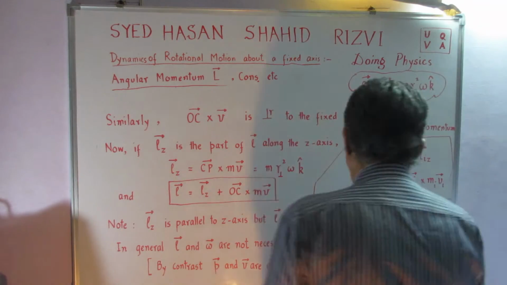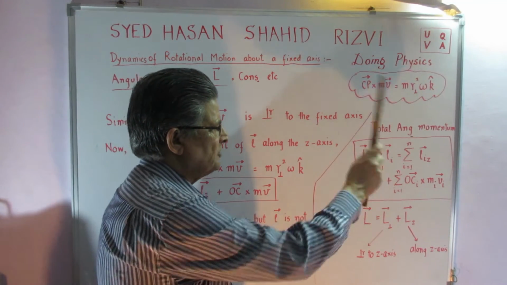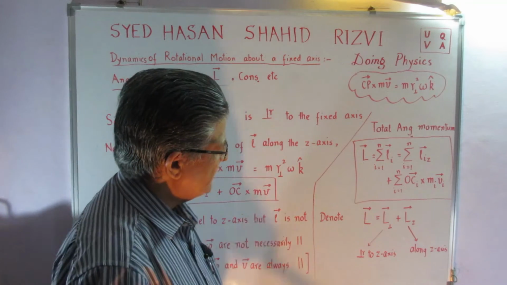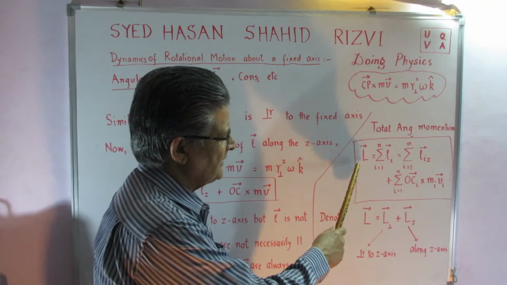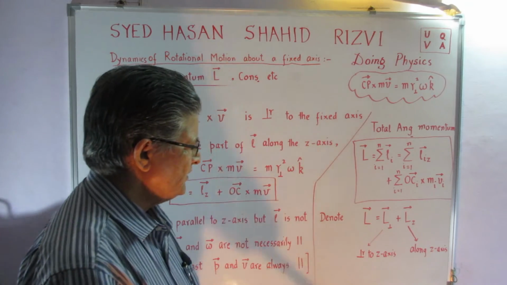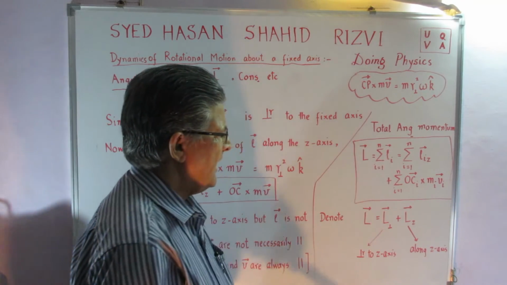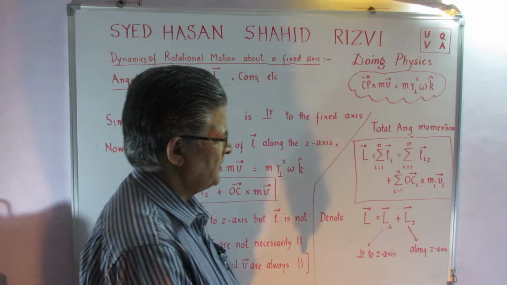Okay. So now let us write the total angular momentum of the system, and we define it as L equal to the summation from i to N for the various particles, of the corresponding Li, which I can write in two parts.